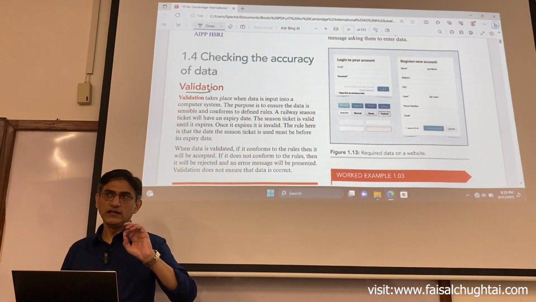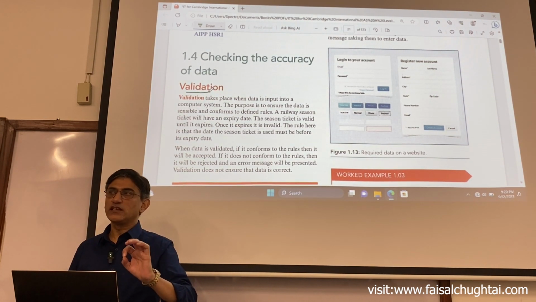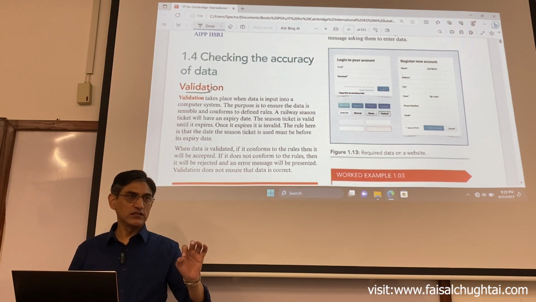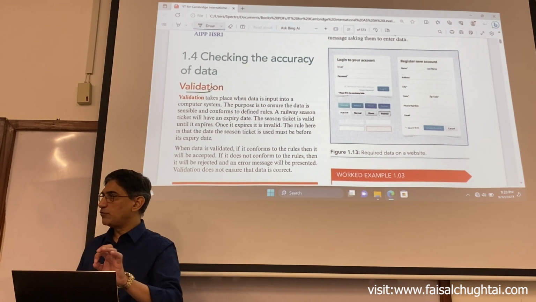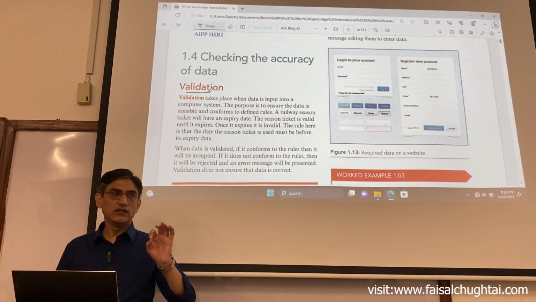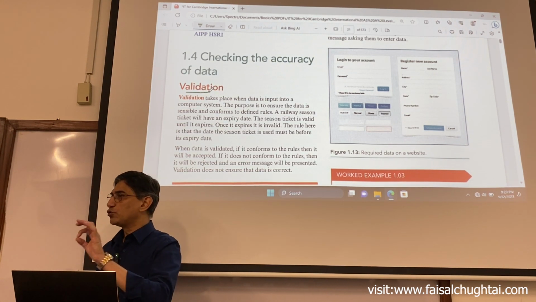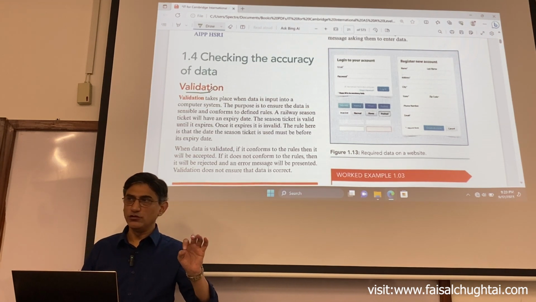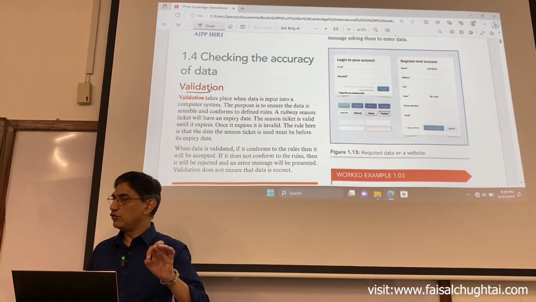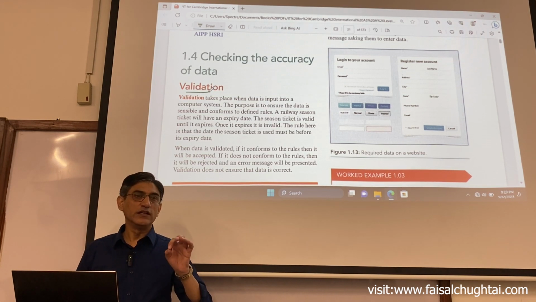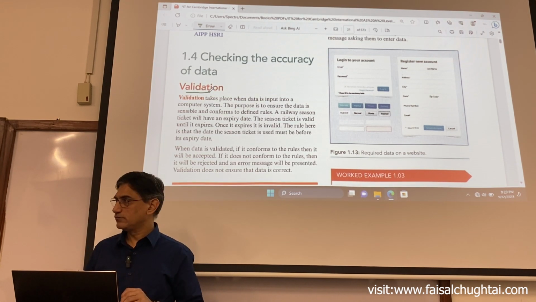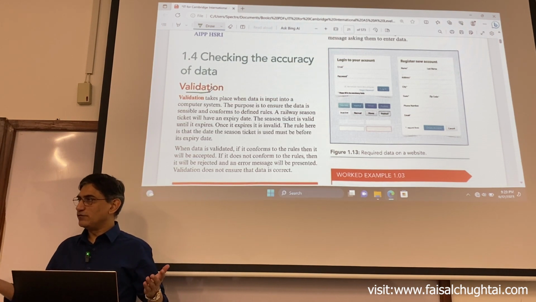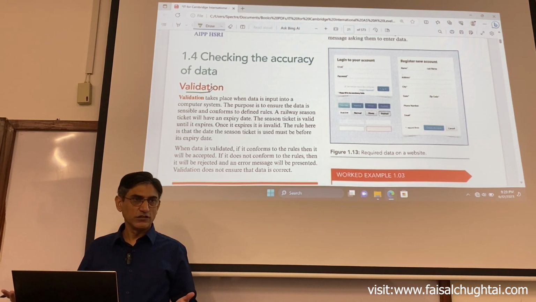The computer is checking on its own to make sure that erroneous, incorrect data can be stopped from being input, because if that data is let to go through to the processing stage and then based on that any outputs are produced, those outputs will be faulty or they will not be according to the kind of results that you're trying to produce. So if we are not going to get the results out of the computer that we are looking for, then what's the purpose of using the computer?